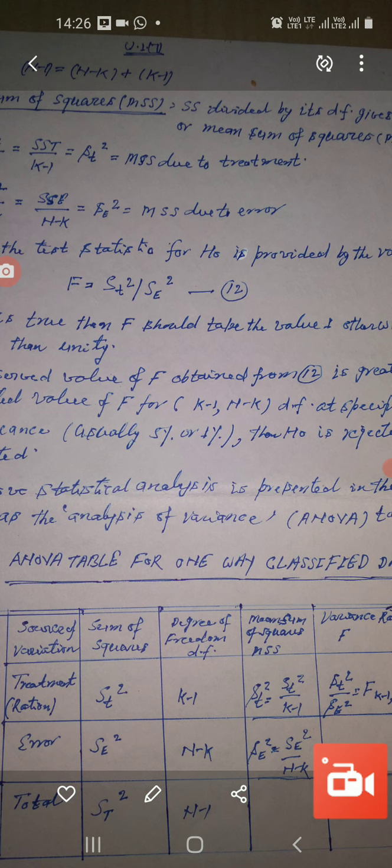If F calculated is greater than F tabulated, means calculated value is greater than tabulated value, in this case we will reject our null hypothesis. So this is very simple.